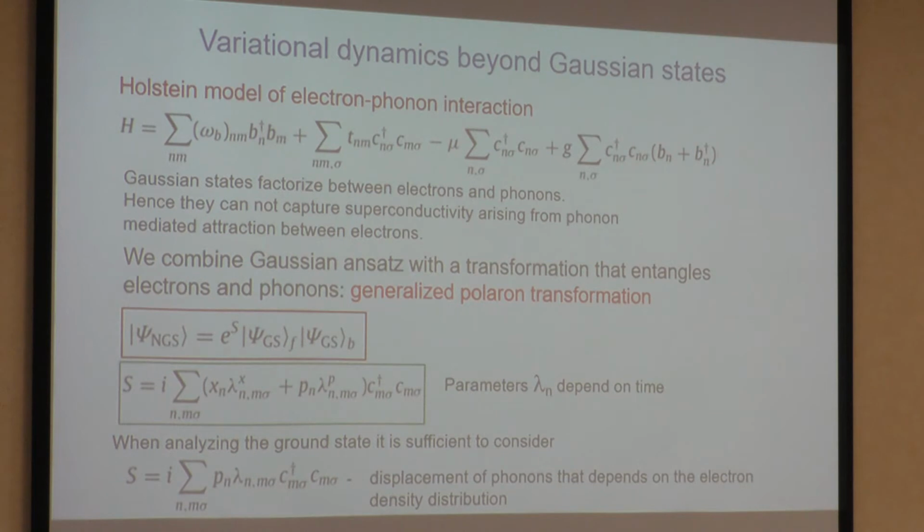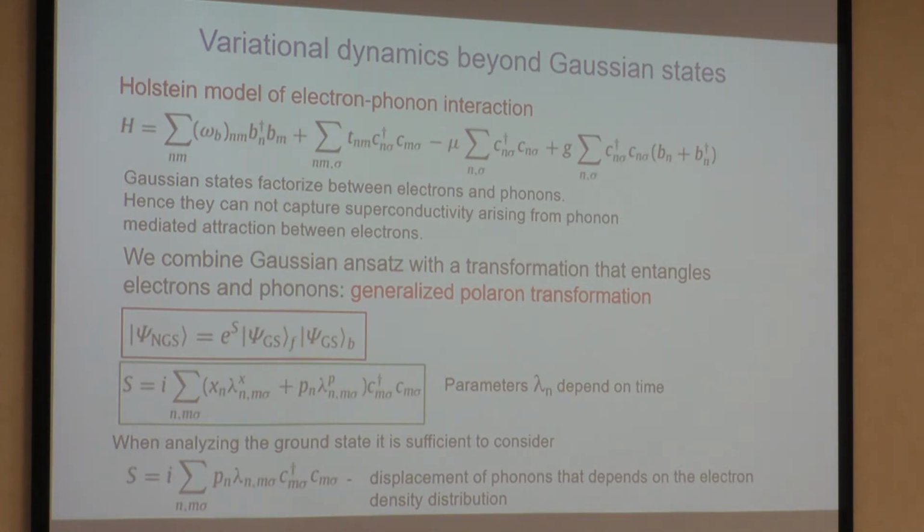And the idea, as we discussed yesterday, is to consider some kind of Polaron transformation. You can think of it as basically a shift of bosonic variables. Remember, if I use this P for the boson, that corresponds to shifting the x, or displacement, of the phonon degree of freedom in a way that depends on the fermion numbers, on the fermion distribution.